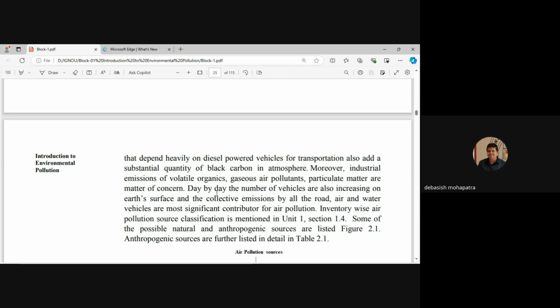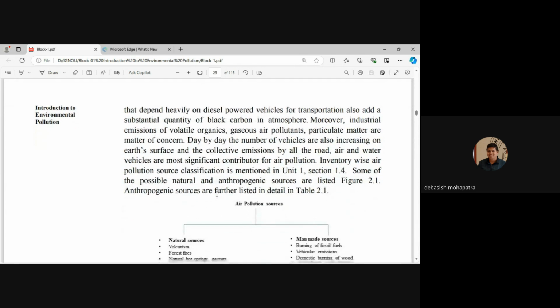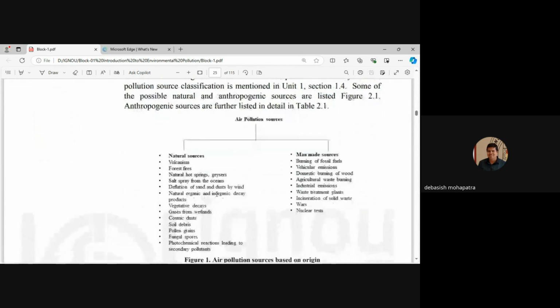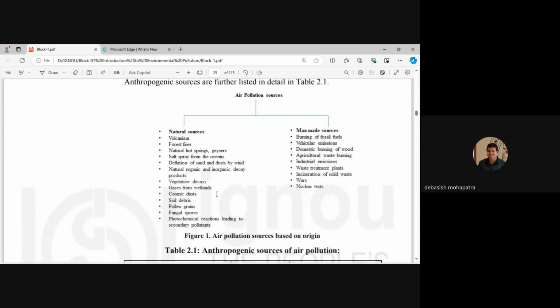We have already seen inventory-wise air pollutant sources, so these are the sources we have already discussed. Natural sources include volcanism, which means eruption of volcanoes, forest fires, natural hot springs or geysers from which gases come out from the earth's core, and salt spray from the ocean.